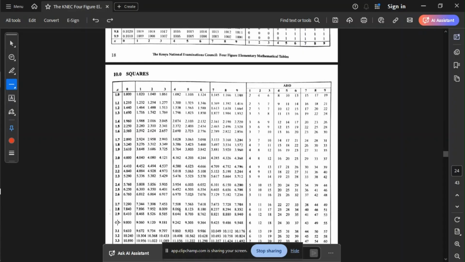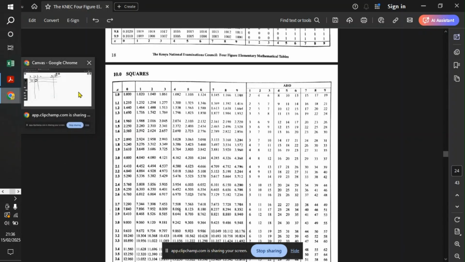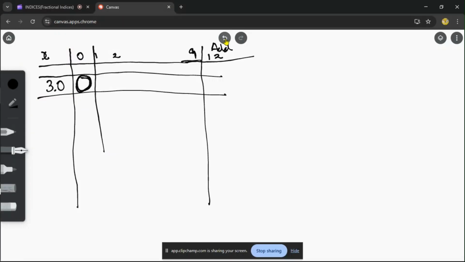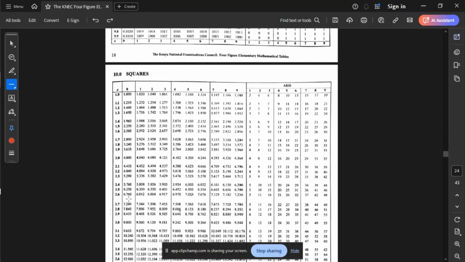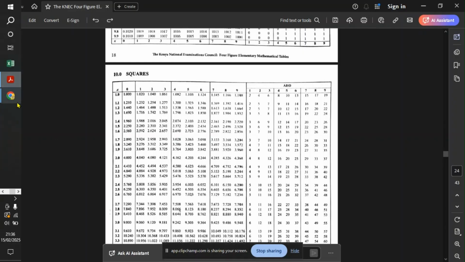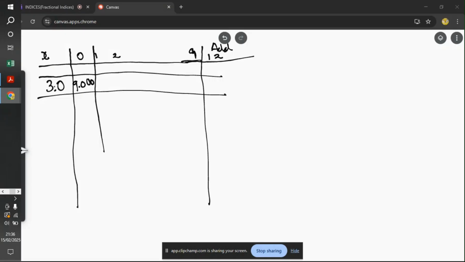So the value that I want us to read is this one, which is 9.00. With 3 zeros, let me confirm, 9.000. Yes, so that is what I have.